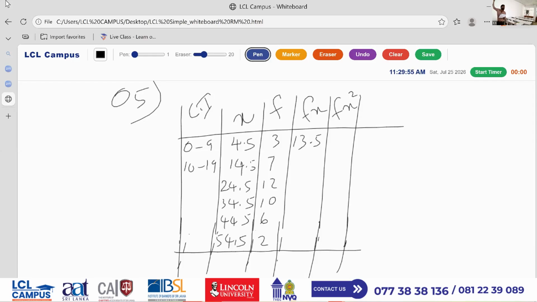Then f into x squared, but x squared is not there. I have to prepare x squared. No need. You can also take the x squared column and then multiply by f. But here, fx multiplied by x means fx squared only. Right? No need to prepare an additional x squared column. Multiply and take.